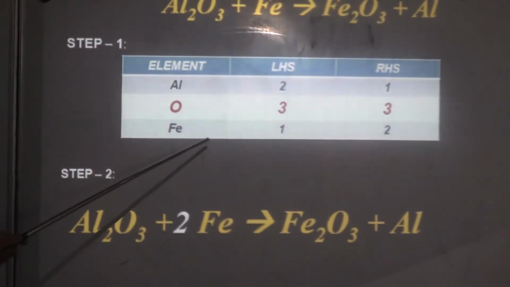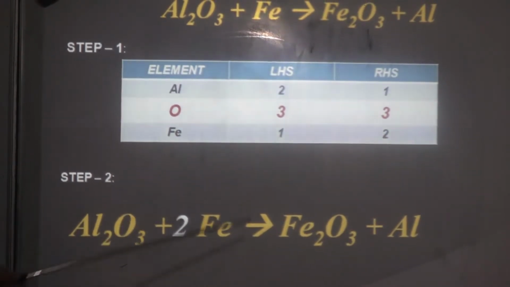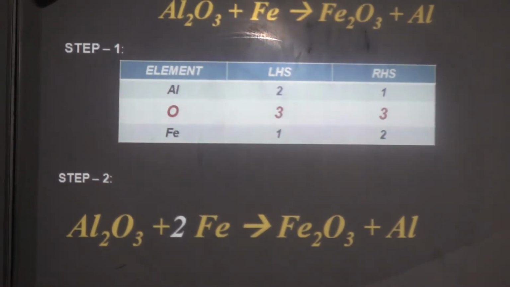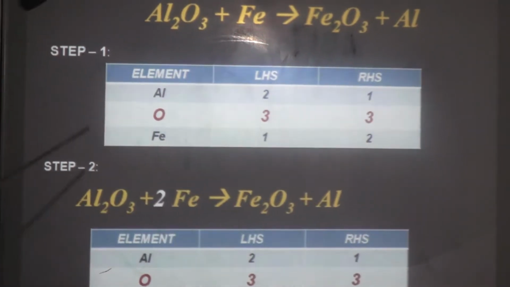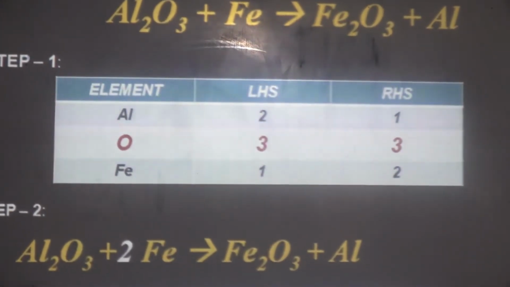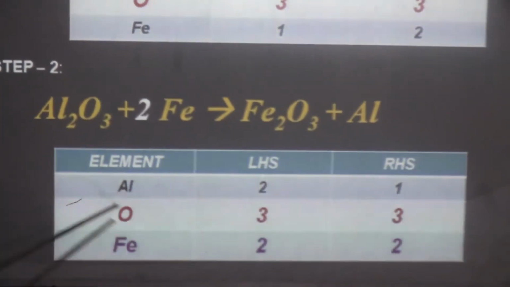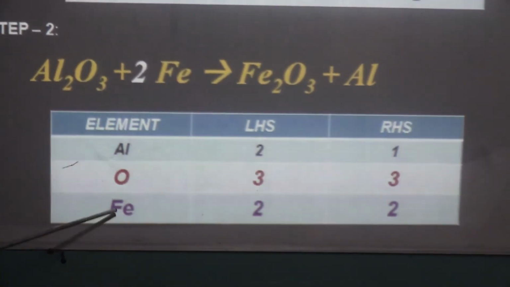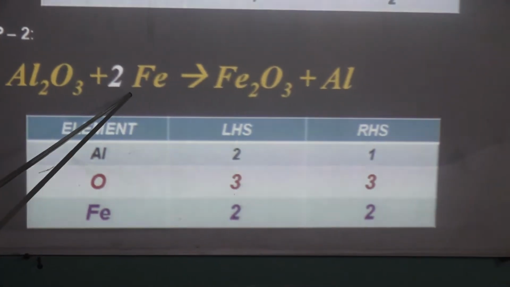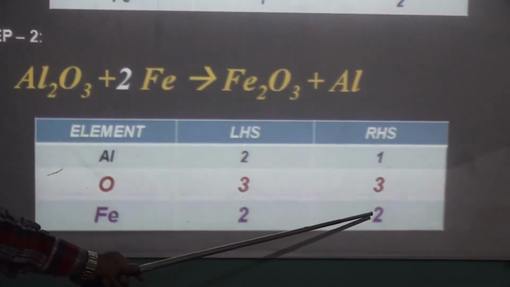Now while balancing ferrous, I have taken 2 ferrous atoms. Now let us see whether it is balanced or not. Aluminium 2 atoms, 1 atom. Oxygen 3, okay. Ferrous, on the LH side you have 2 atoms, on the RH side also you have 2 atoms.